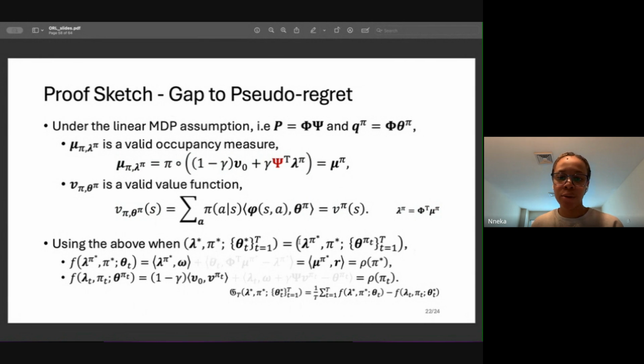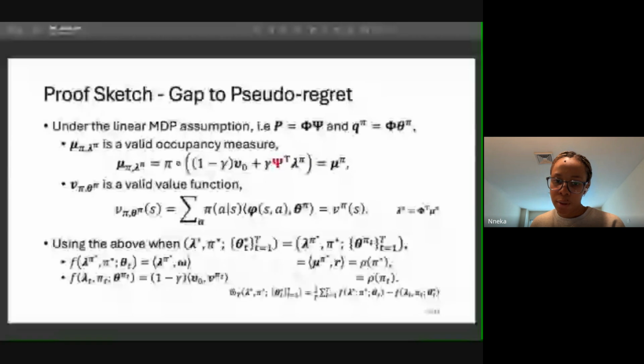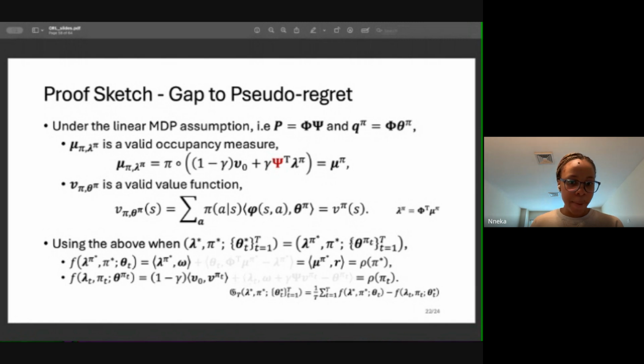For lambda star, we choose lambda pi star. We choose pi star as an optimal policy or any arbitrary comparator policy. And we choose theta star t as theta pi t, the weight vector corresponding to the action value function of the policy pi t.